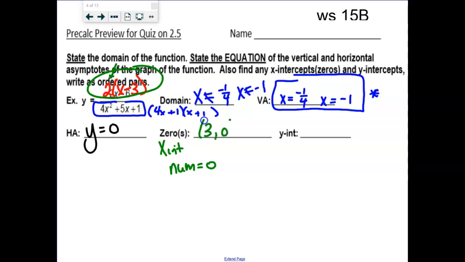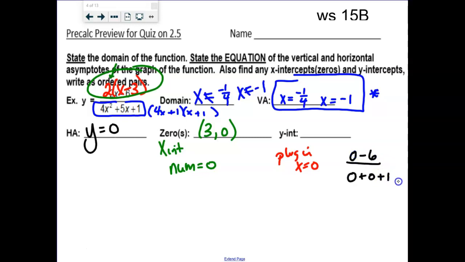I would like you guys to write that as an ordered pair, though. I want to know that you understand x-intercepts are x comma 0. And for a y-intercept, you're going to plug in x equals 0. I would just go to the original one, which I can't see anymore. But if you plug in a 0 for all your x's, you get 0 minus 6 over 0 plus 0 plus 1.